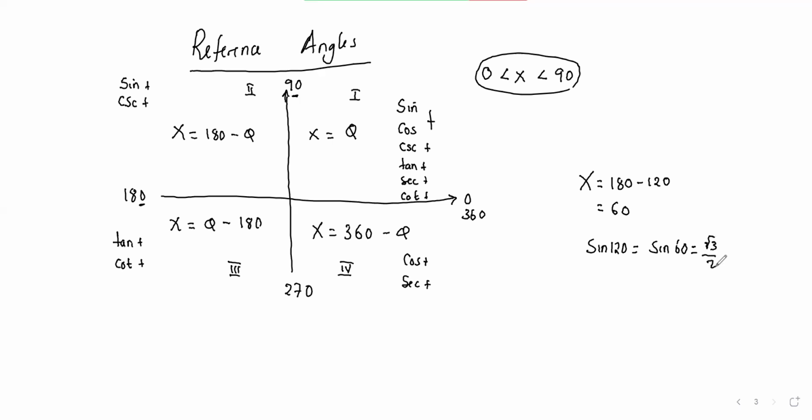Now we've said the same because 60 is in the first quadrant, 120 is in the second quadrant, where sine is positive. So we won't have an issue of positivity. Okay, for that one. So now we go back to our table.